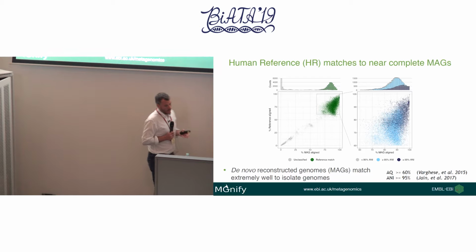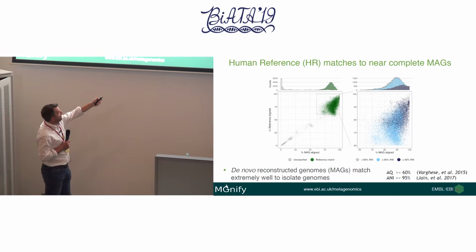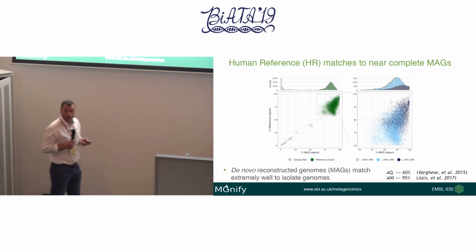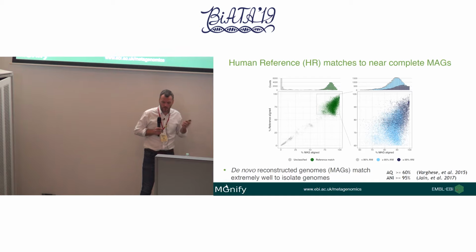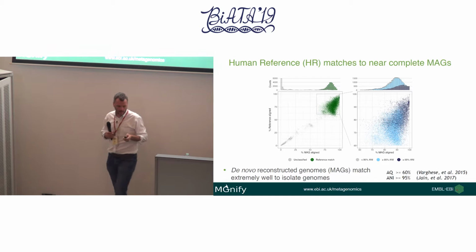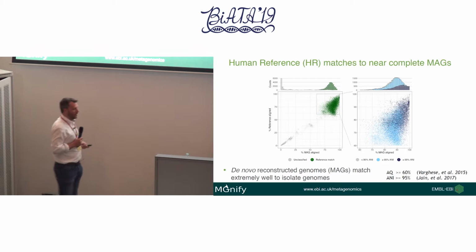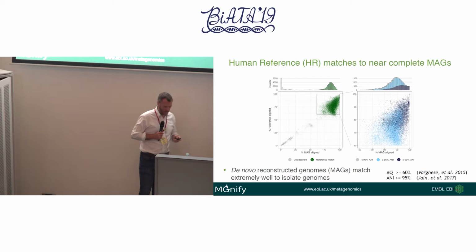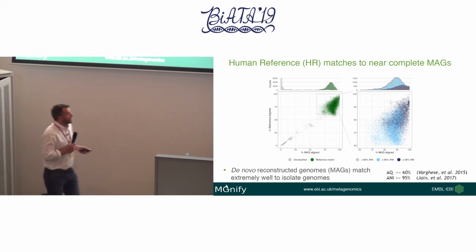So this gave us a lot of confidence that when we get a good match, we're finding a very good match to that isolate genome, and that CheckM was a pretty good approximation for the completeness and contamination of that genome. There was also this big cloud of grey points over here. Those grey points were the things that interested us most of all.